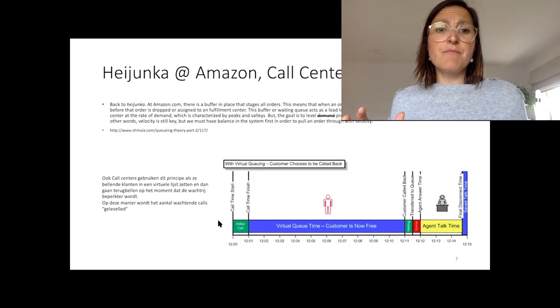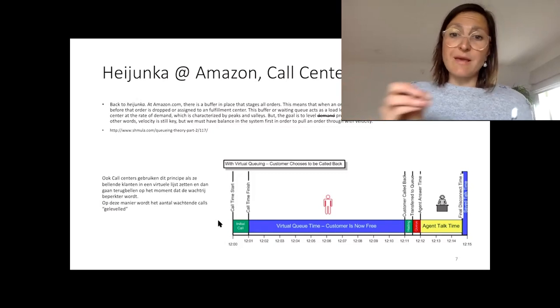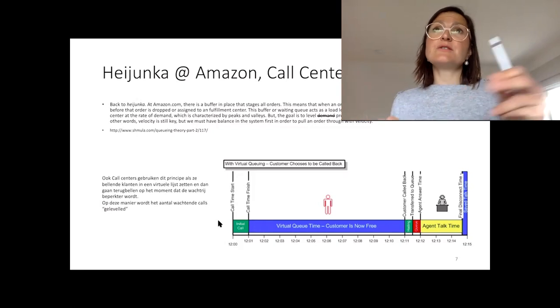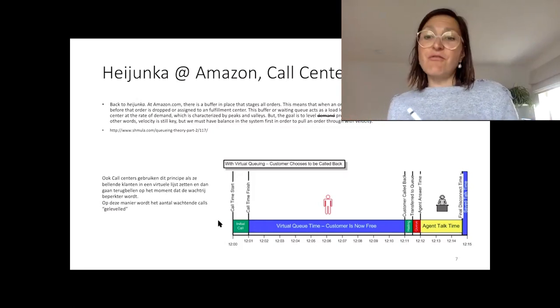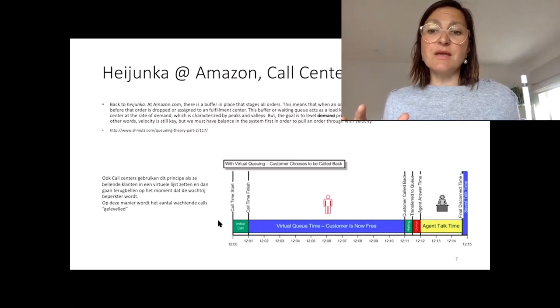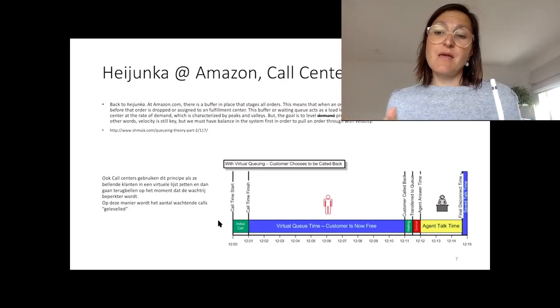So they can actually decide at a certain point that they will start calling back, for example, or that they will reroute things to another call center. So they fill up the line in order to understand how much capacity they will need, and then they plan for the future to use this capacity.